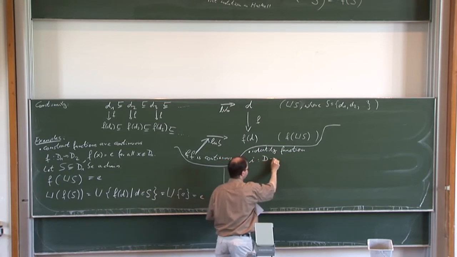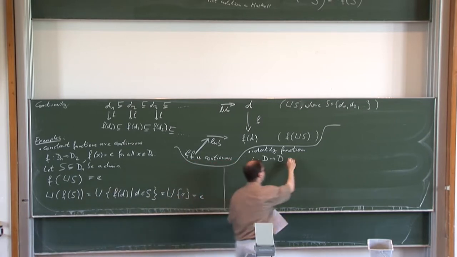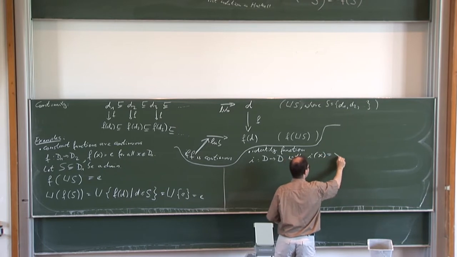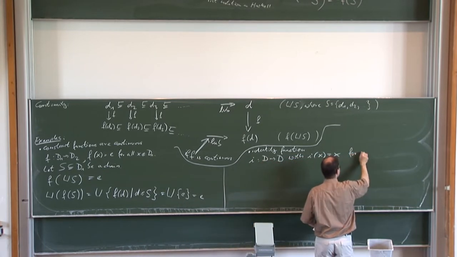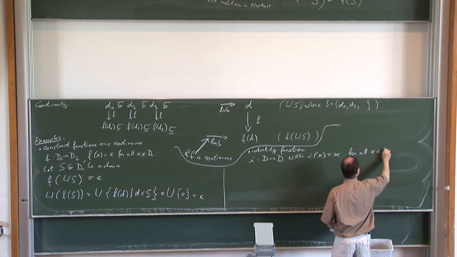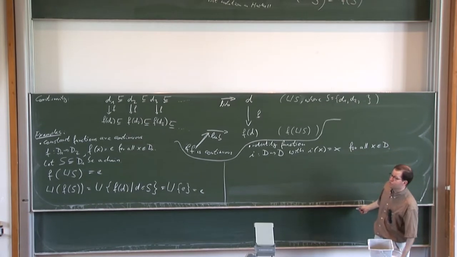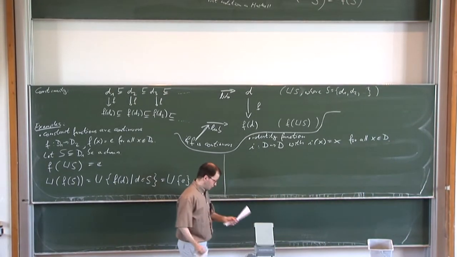It's a function from D to D, so now D1 and D2 are the same. And the identity function should return I of x should be x for all x from D. Now again, the claim is this is continuous. Let's prove it.